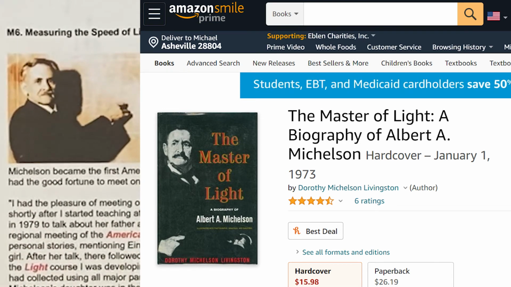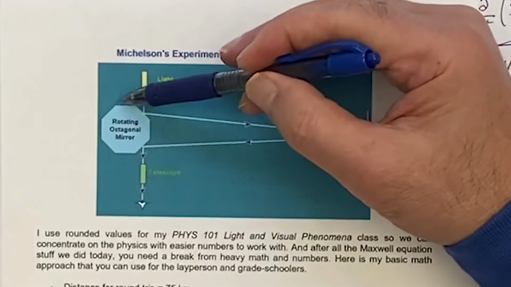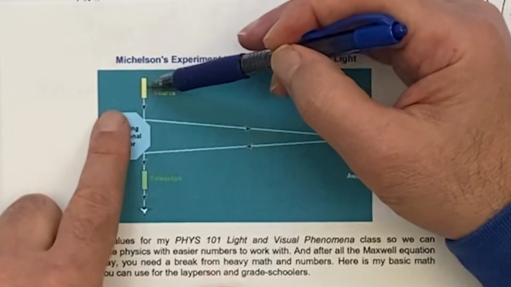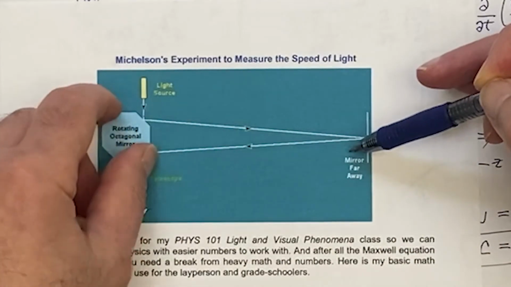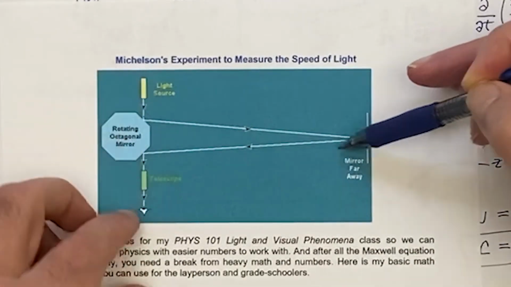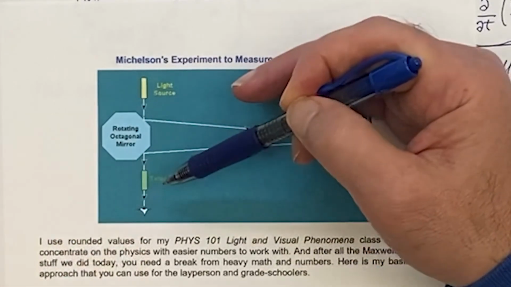And today she could, because of the online version. So this experiment I want to tell you about, Michelson's, has an 8-sided mirror, and the light hits this mirror and travels to a mountain about 22 miles away. As the mirror turns 1/8, it catches the returning light just right, goes into a telescope, and you can see it.